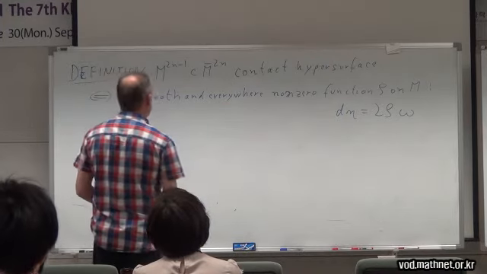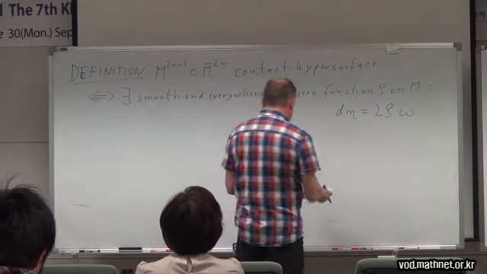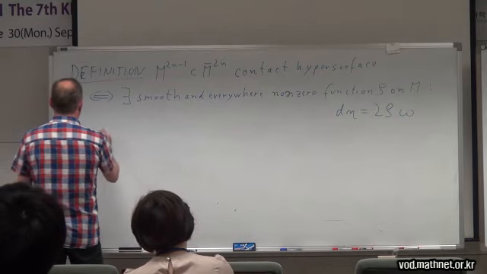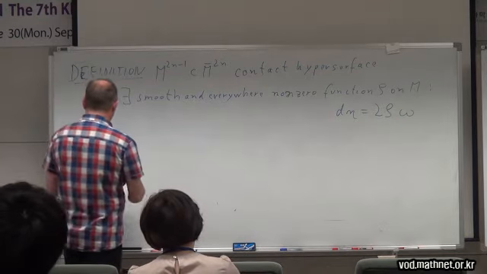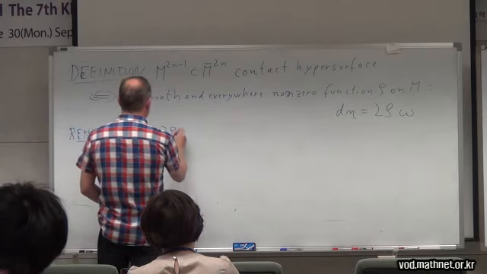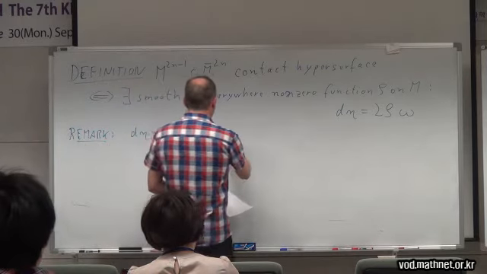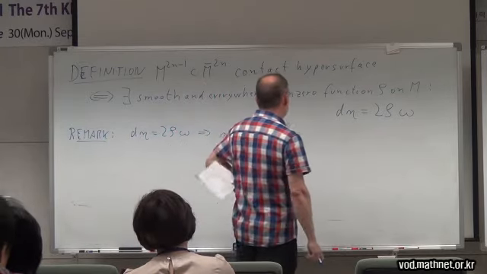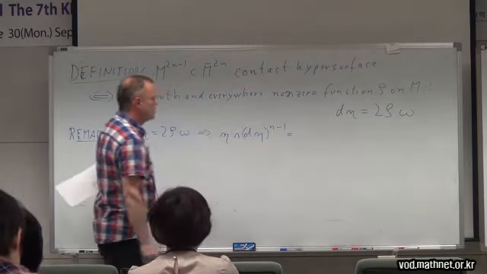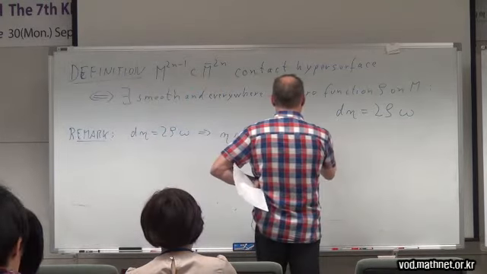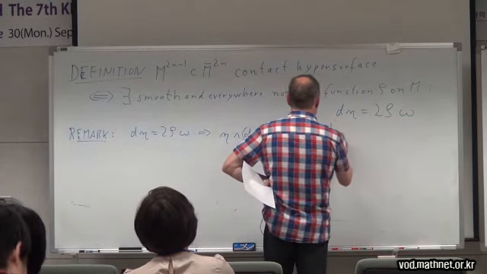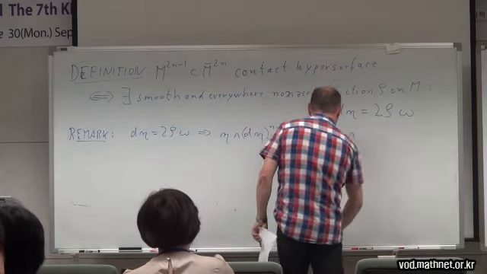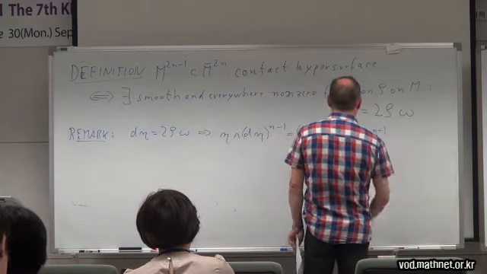Why is this really a contact manifold? Maybe a remark. When d eta is 2 times rho times omega, then eta wedge (d eta)^(n-1) is equal to, replacing d eta by 2 times rho times omega, 2^(n-1) rho^(n-1) eta wedge omega^(n-1).